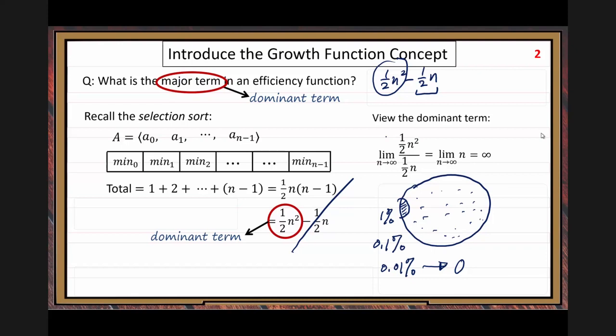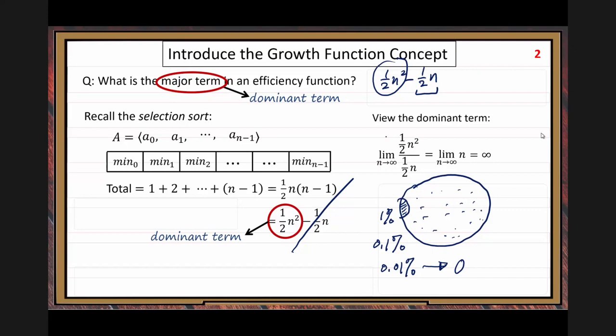Then each term takes a portion of it. You look at that portion over the whole amount of execution time, the percentage number. So dominant means that ratio is close to 1. When we talk about the dominant term, when n is very, very large, the dominant term takes a percentage close to 1.